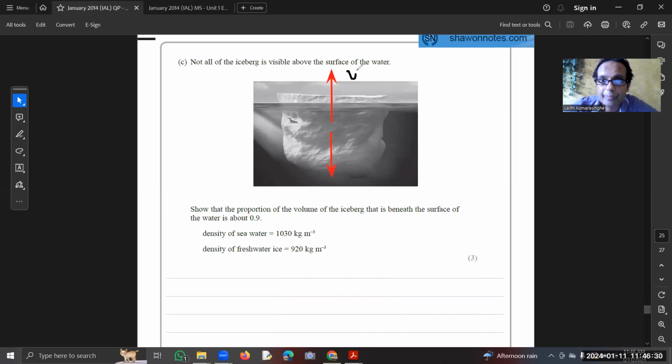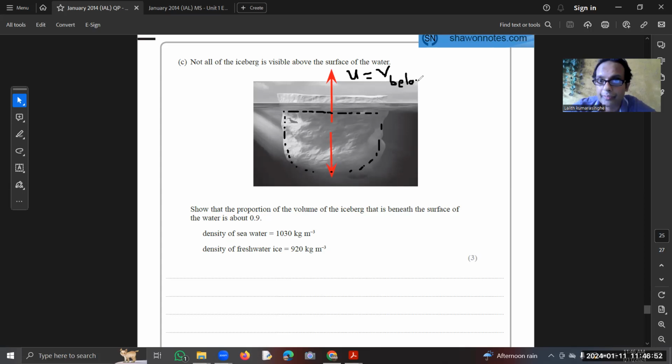Upthrust is equal to V, the volume of the liquid displaced, the volume below.